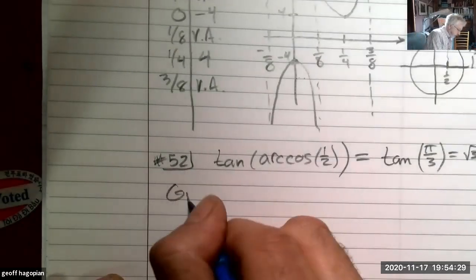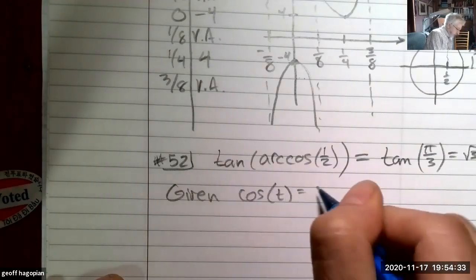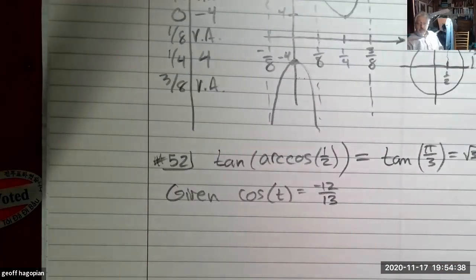Given that, what quadrant could we be in? Well, there's two choices, right? X is negative in the second quadrant and in the third quadrant. So we have to be in one of those two quadrants. And so we need to specify which one if we're going to know the other 5 trig functions, right?